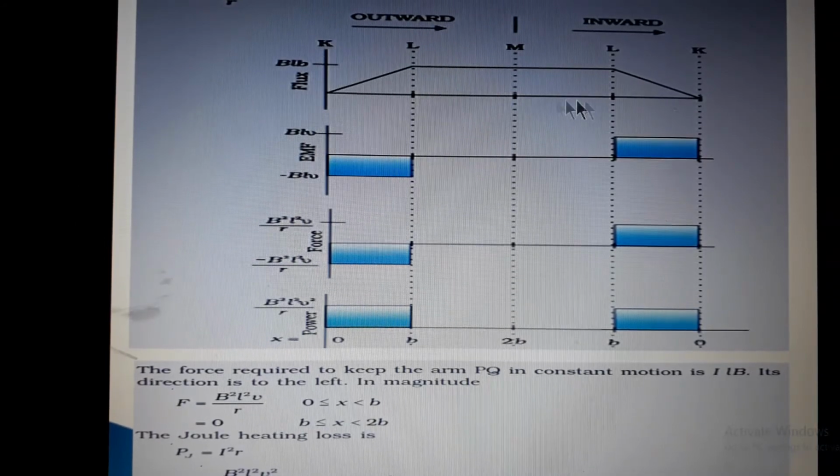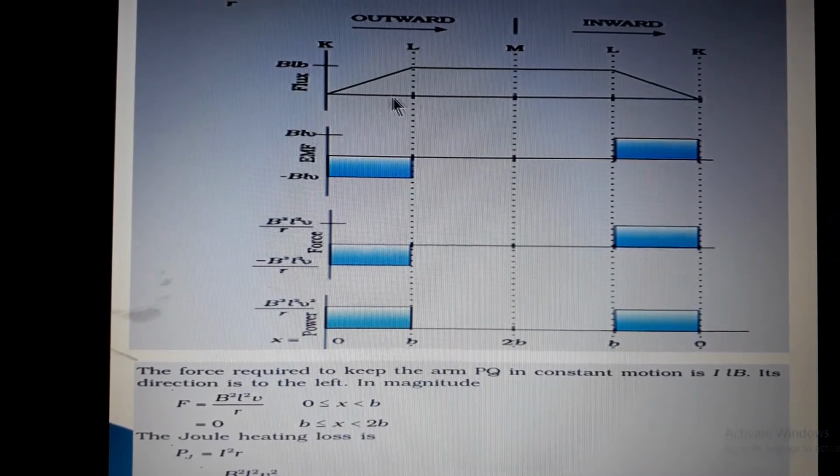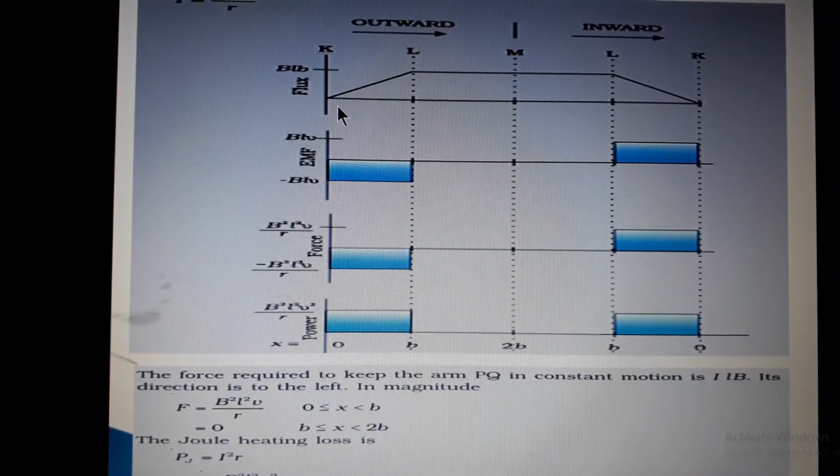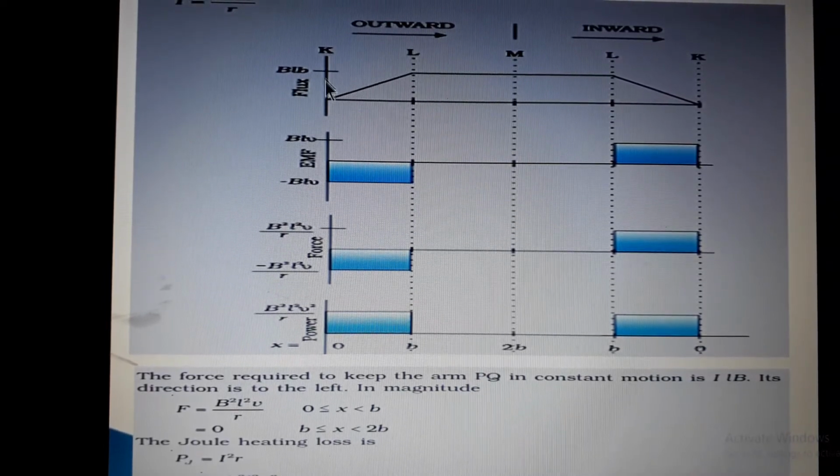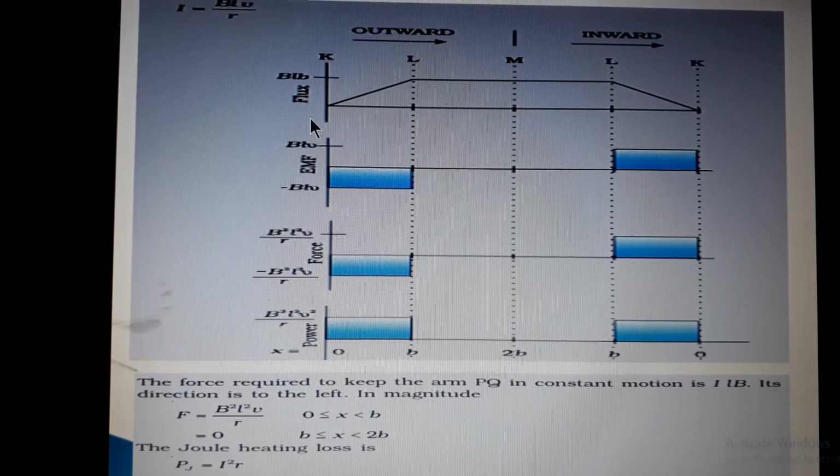This is the sketch of flux phi, where the x axis indicates position and the y axis indicates flux phi.